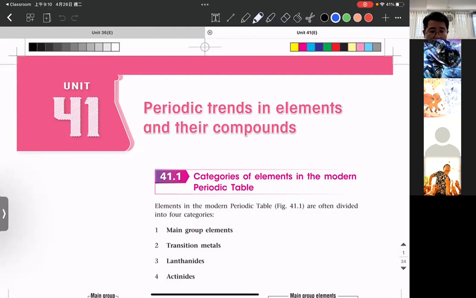Is it 22 in this class? I forgot. 22 or 23? 梁家傑. Anyone who finds 梁家傑?